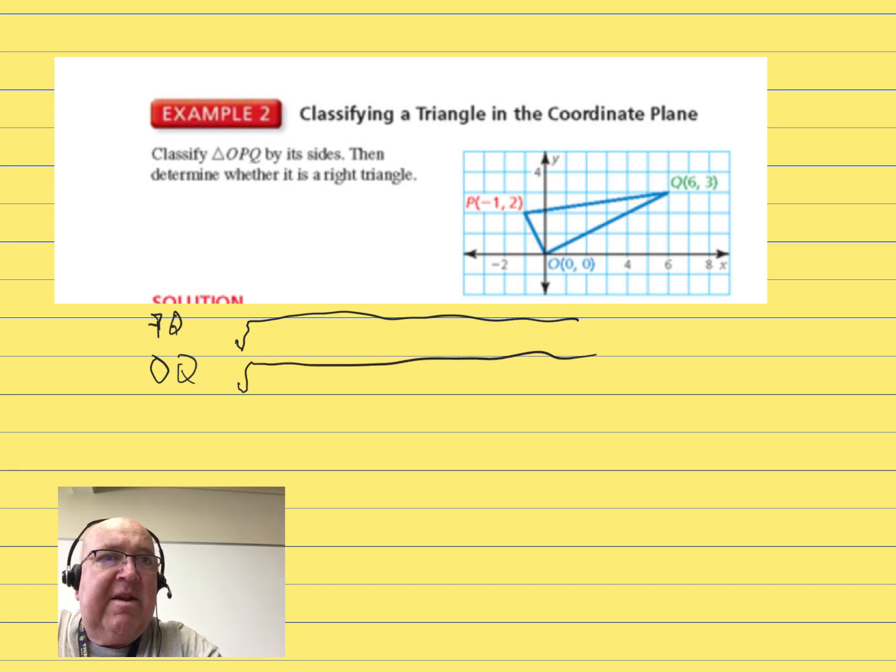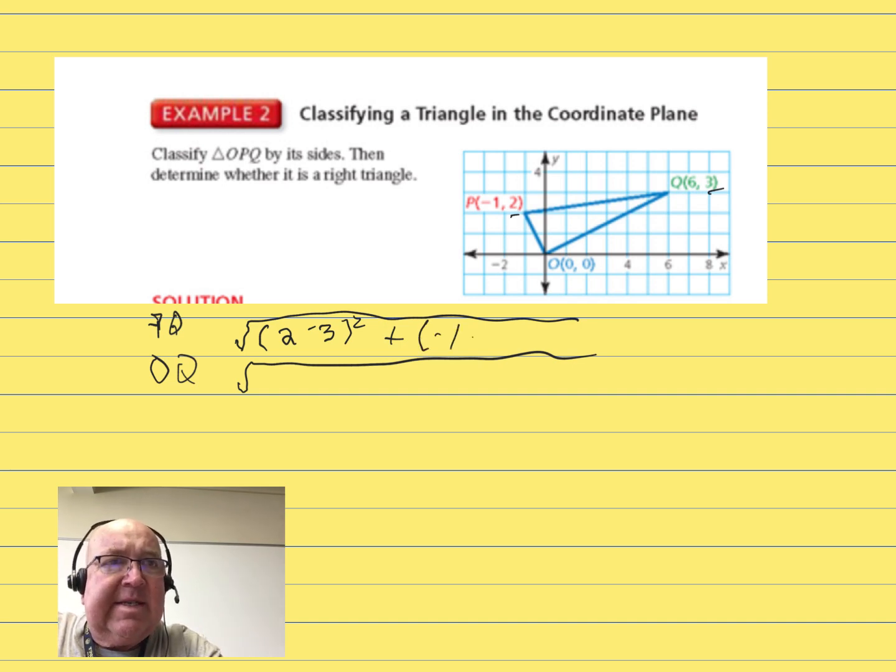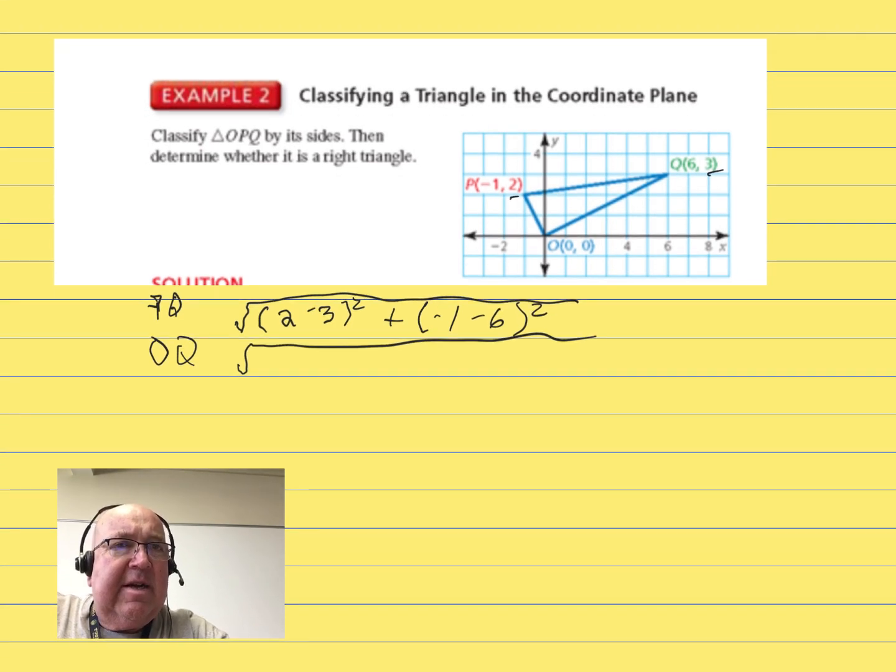So we're going to go y value minus y value. So we're going to go 2 minus 3 squared plus negative 1 minus 6 squared, which is going to be negative 1 squared, which is 1, and then we have negative 7 squared, which is 49.